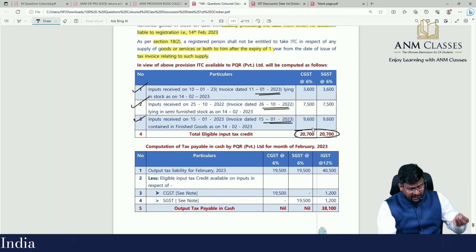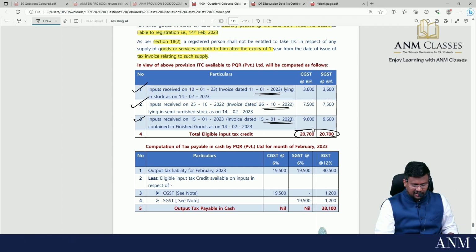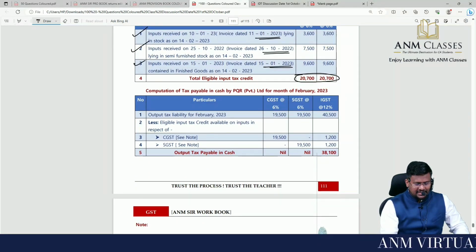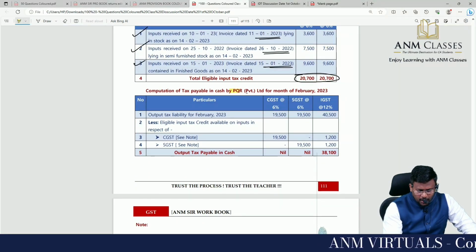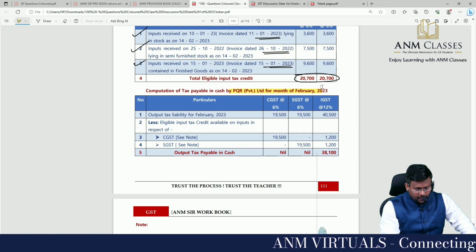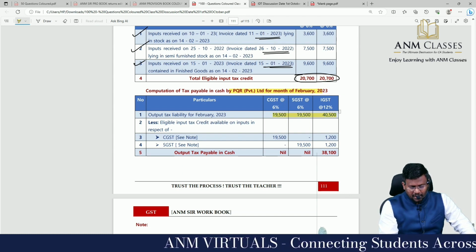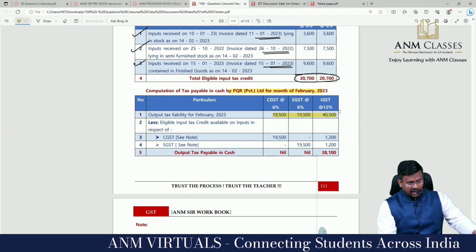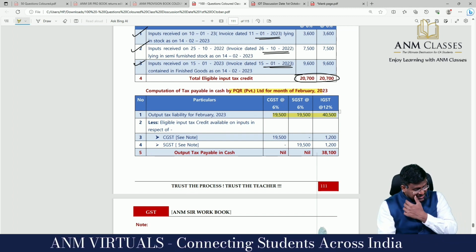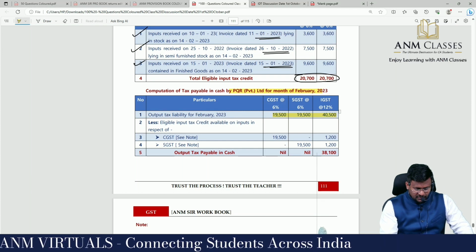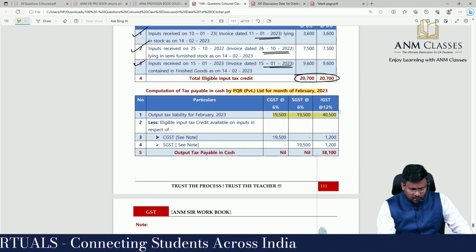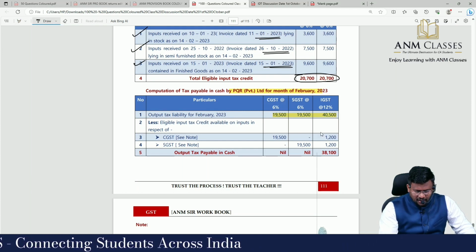In the question, they themselves have given the output tax collected. Correct? Computation of tax liability in cash by PQR Private Limited for the month of February. Output tax liability is 19,500, 19,500 and 40,500. Less eligible ITC. CGST total is 20,700, and how much is the output tax liability?